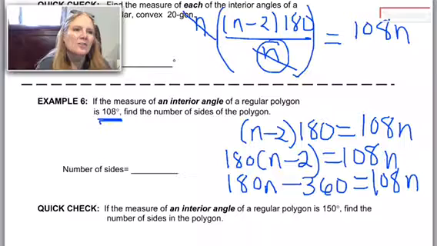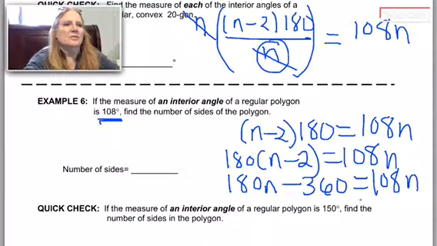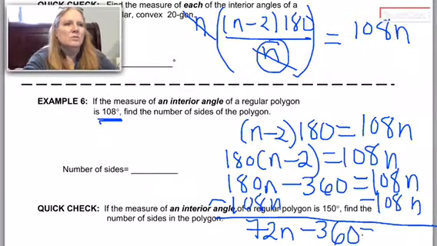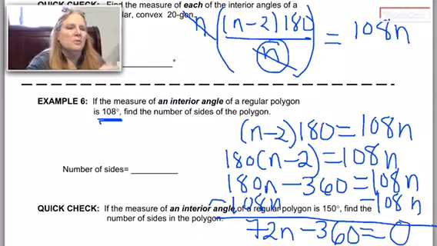Let's subtract 108n from both sides. 180 minus 108 is 72n. Minus 360 is equal to, this becomes 0.